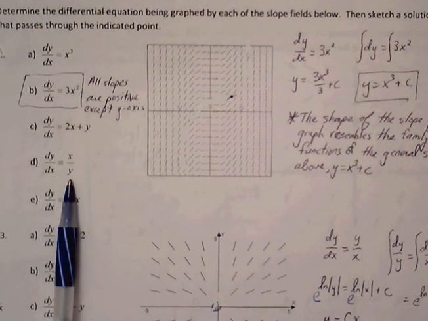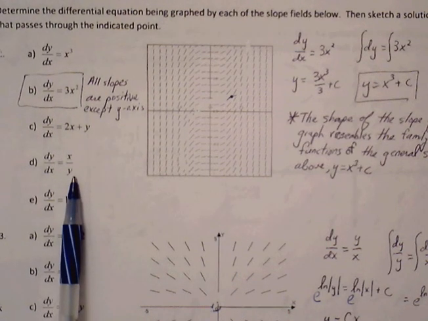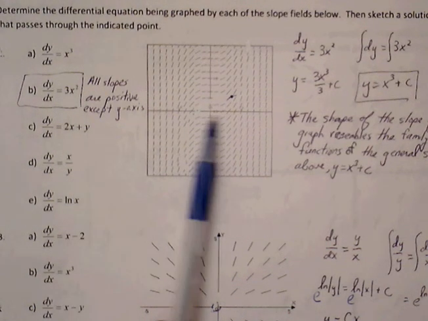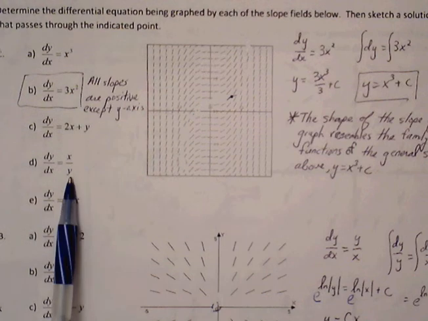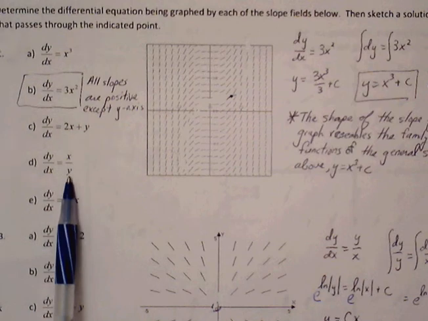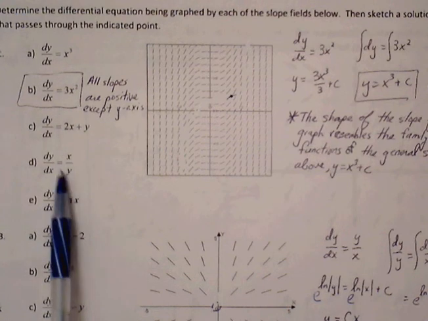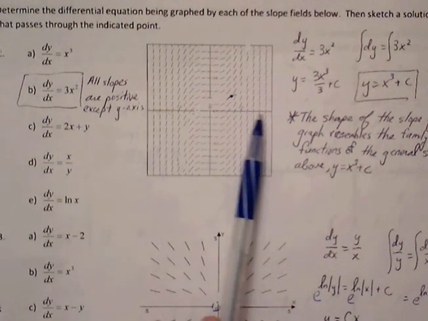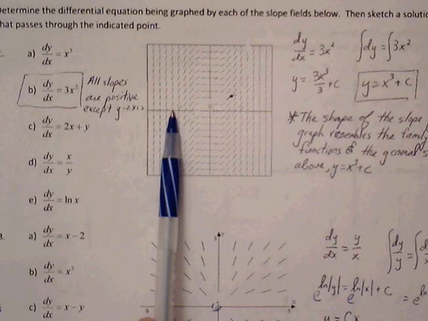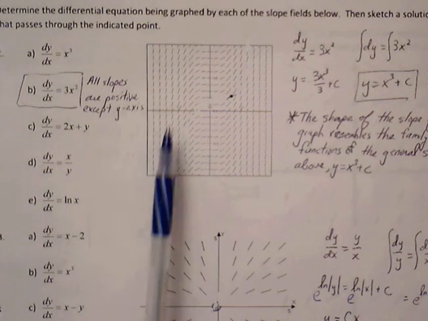Here, we see y in the denominator. If y is equal to 0, meaning anywhere on the x-axis, there should not be any line segments, because the slope cannot exist where we have a 0 in the denominator. But we see certain line segments on the x-axis, so that's not true here.